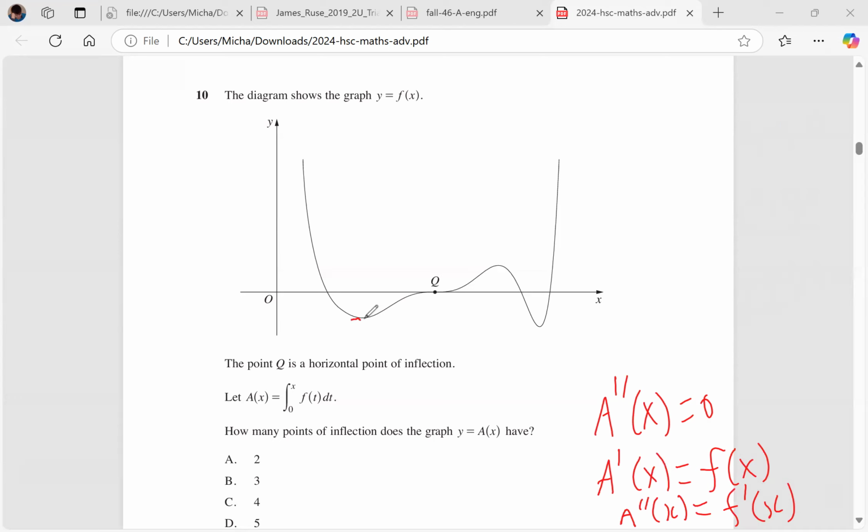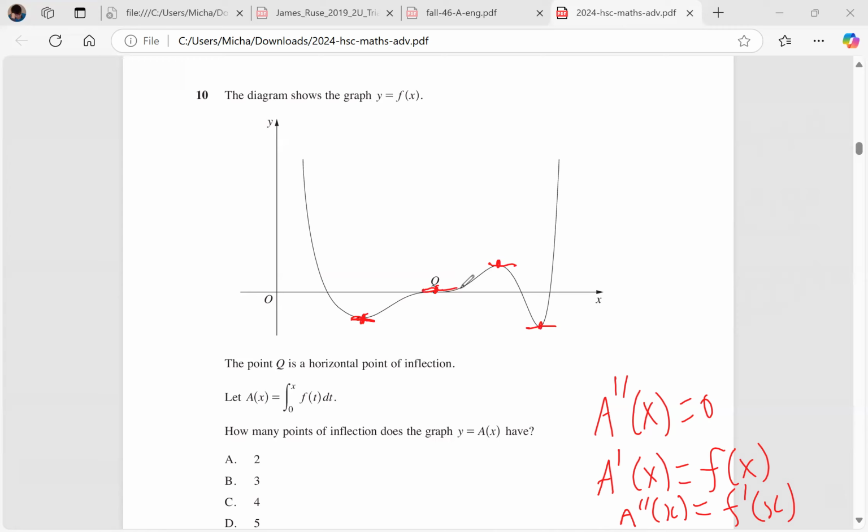So the first derivative of F is 0 here, here, here, and there. Okay. So the answer can't be 5, okay? So it has to be 4 or less.